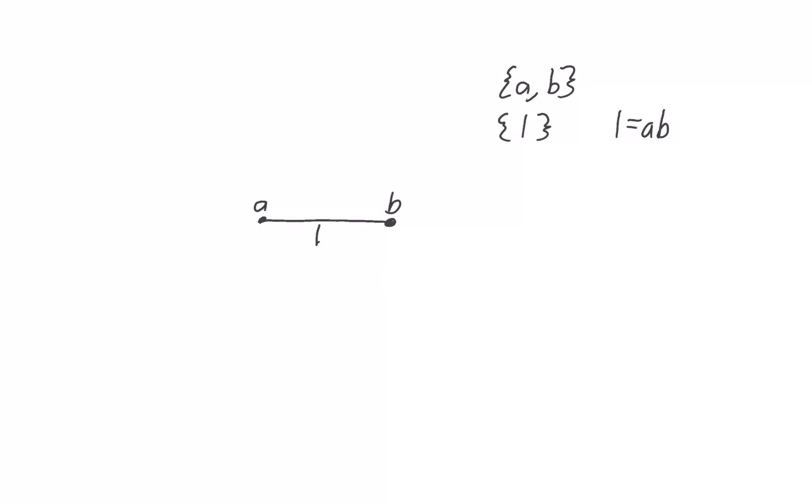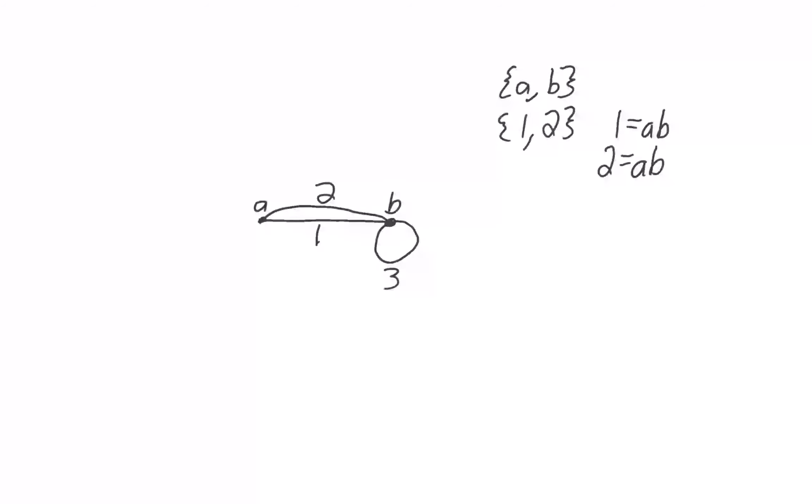Now you might wonder why I didn't just use AB as the name of edge 1. The answer is you can have more than one edge between the same two vertices. So you have edge 2 that also connects A to B. Now you could also have an edge that connects a vertex back to itself.